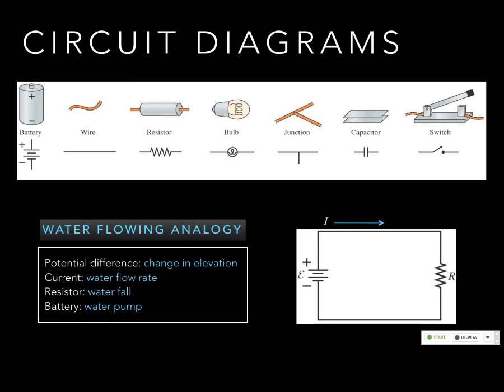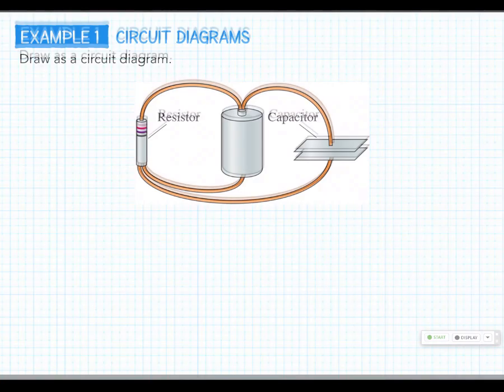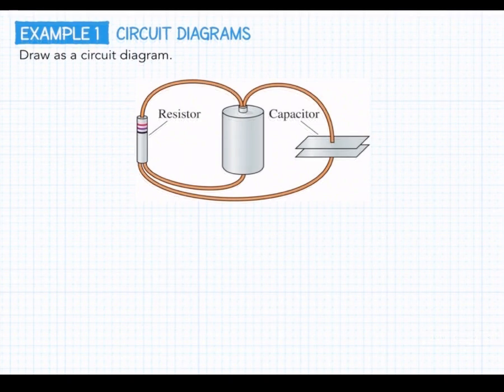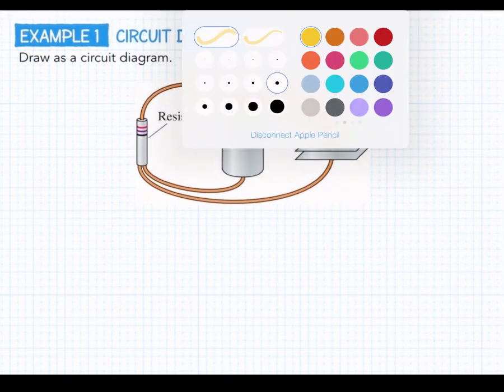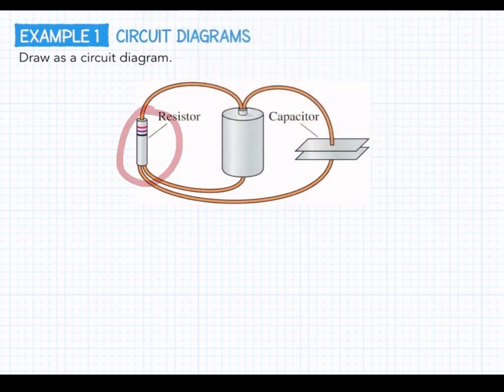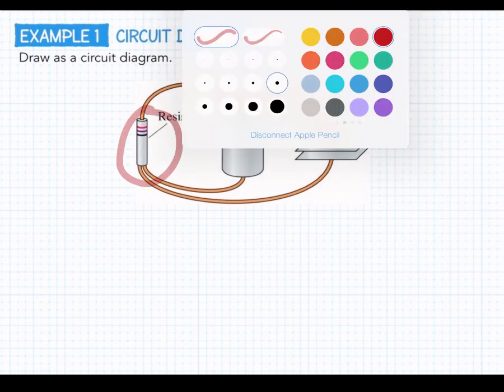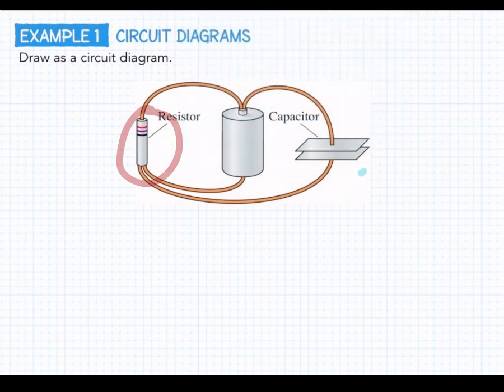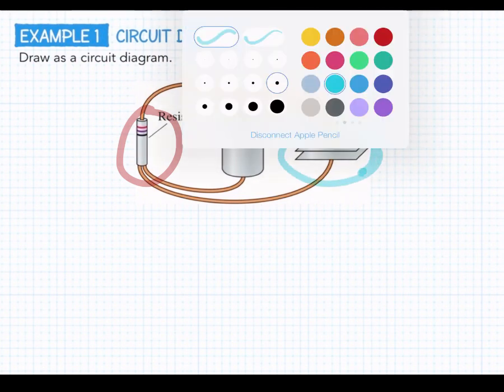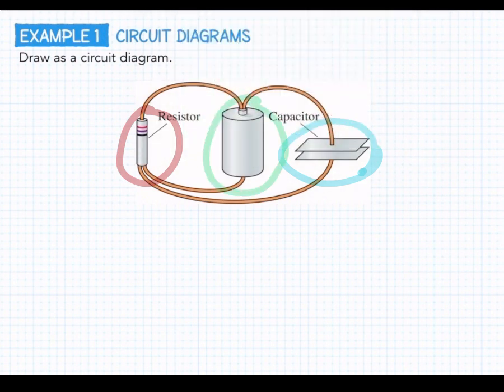Nothing has split off. So, for instance, okay, we can see here that we have a resistor, a capacitor, a battery, and all of them seem to be in parallel with each other.